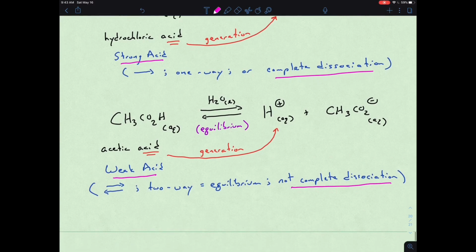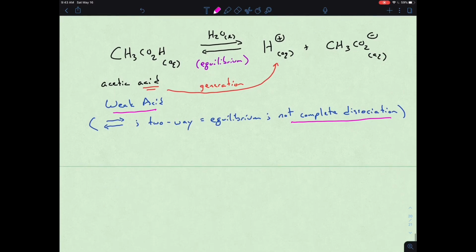We also have, on the flip side of that, bases. And a base is simply a source of hydroxide in solution.